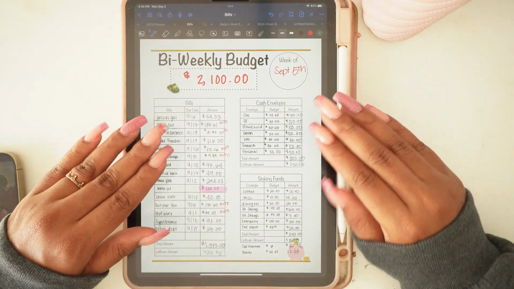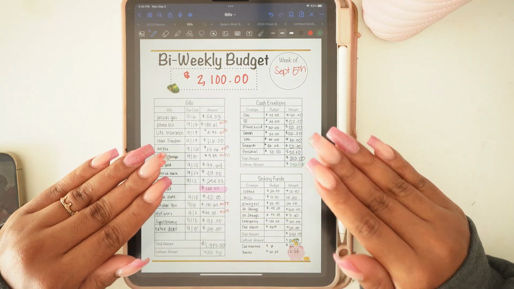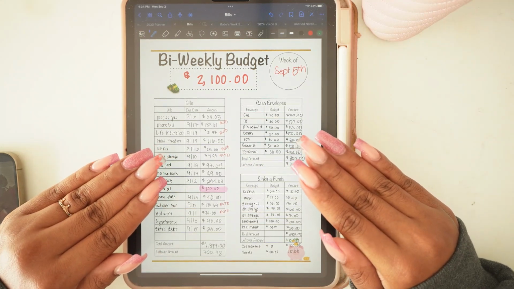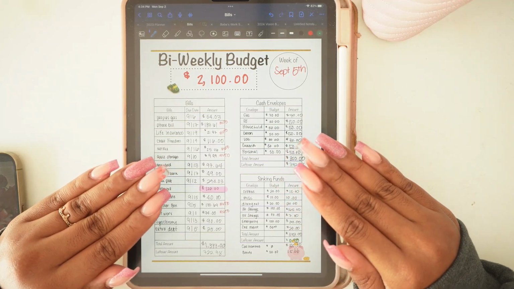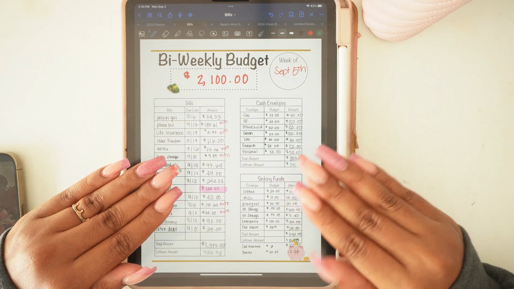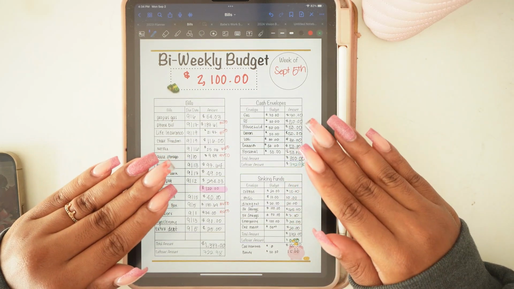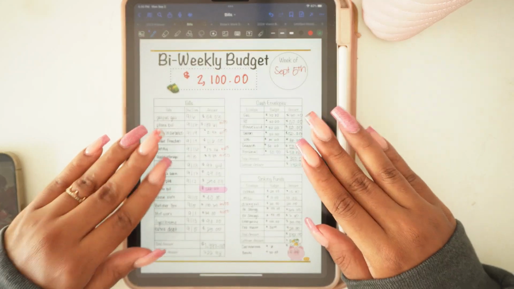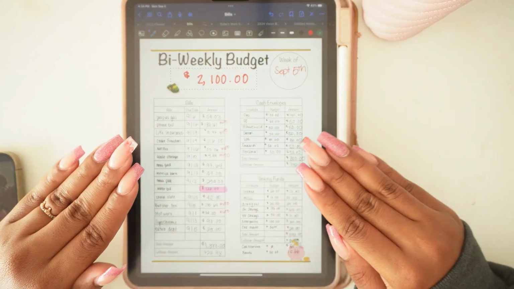My savings account is not that high right now because, like I said, life has been happening. So I want to get my savings account up, and then I want to start making 1 month ahead envelopes as well. So hopefully, fingers crossed, we're able to do that, so we're able to get out of debt.